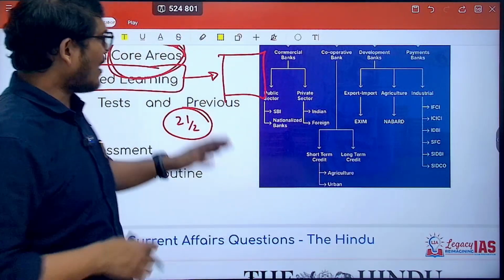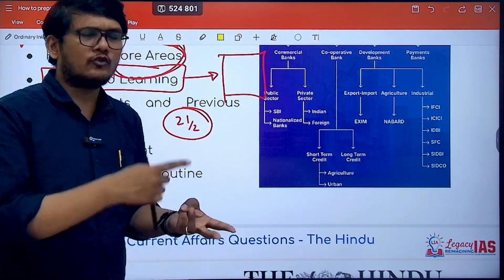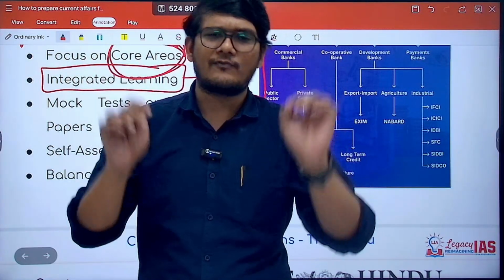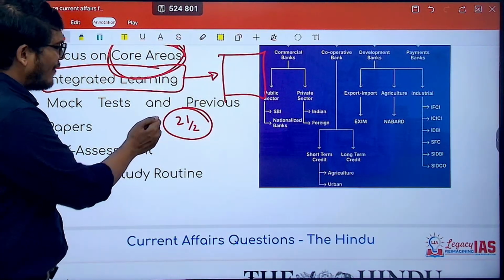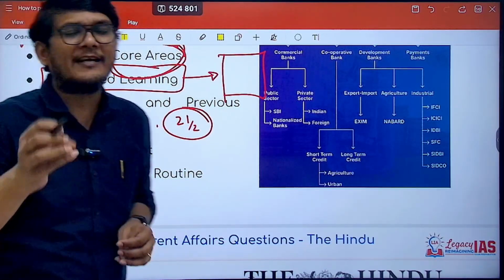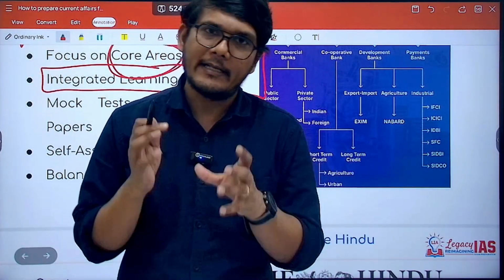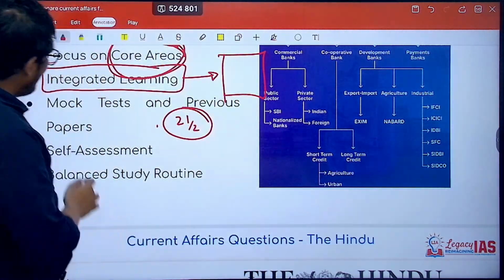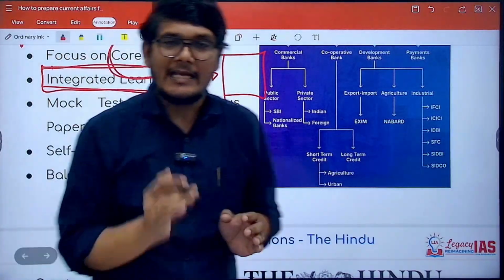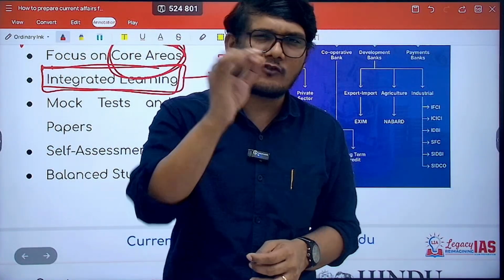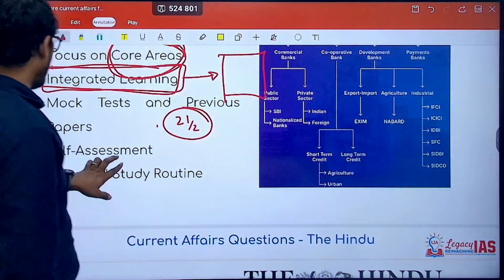The remaining half would be challenges, pros, cons, advantages, solutions, way forward, which will not be required, but the provisions, the facts, the concepts would definitely be required. So that is the time frame wherein integrated study takes a back seat, and you focus specifically on a prelims-based approach.